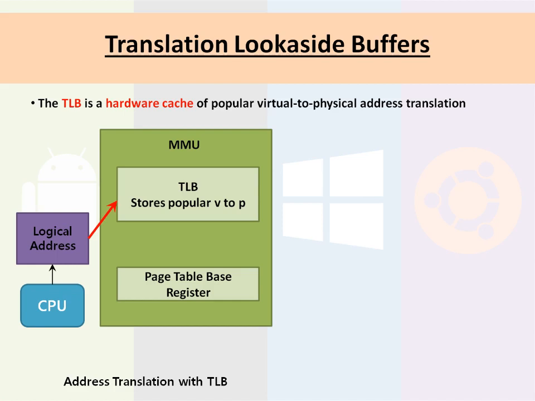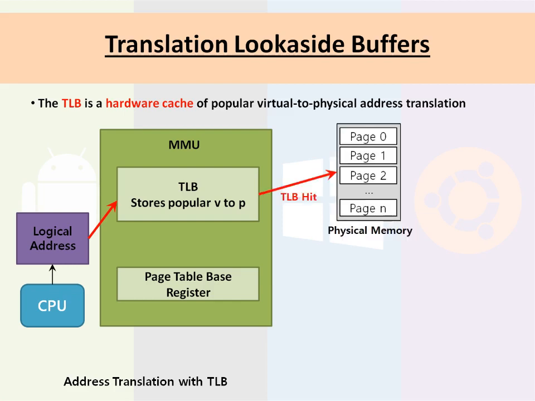Firstly, a TLB hit, which means that the virtual address was found within the translation look-aside buffer, or the TLB. Okay, that's called a hit. And in the case of a hit, well, then you basically are done, right? We've returned the physical address directly from the TLB, meaning we can directly access that physical memory.